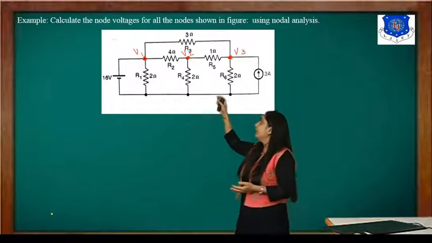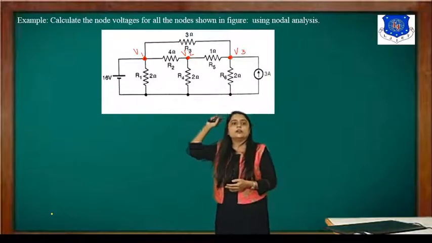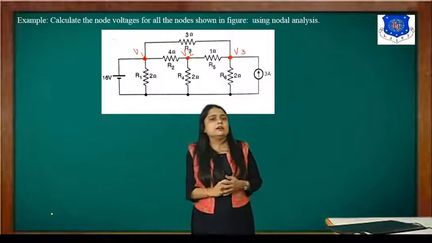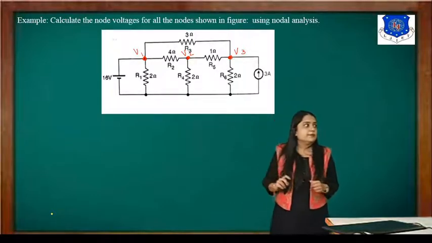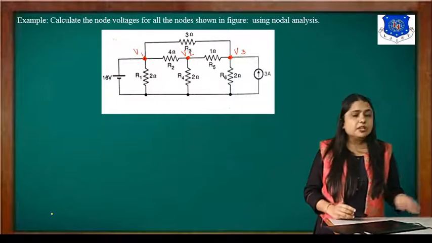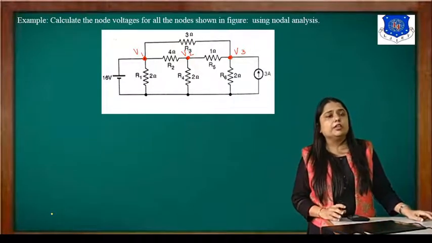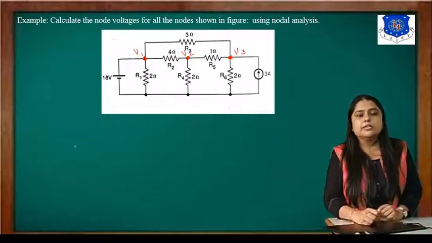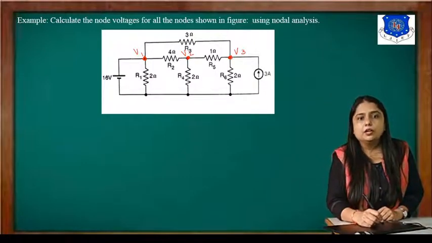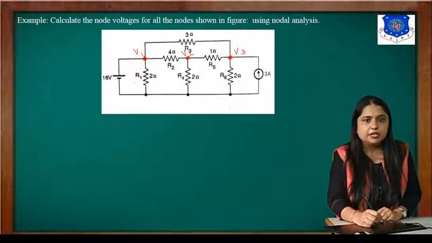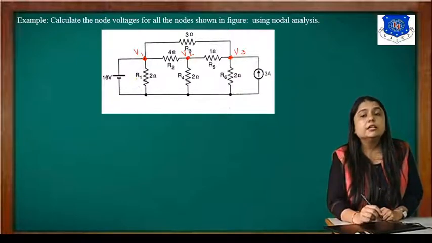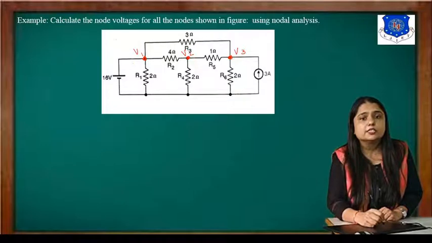So here we first identify how many nodes there are. If you see carefully, there are 3 nodes present in this diagram. One by one we have to write down the equation for each node. See here, first of all, if I want to write down the equation for V1, then V1 is the voltage drop across this resistor R1.